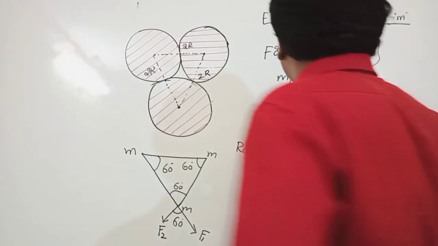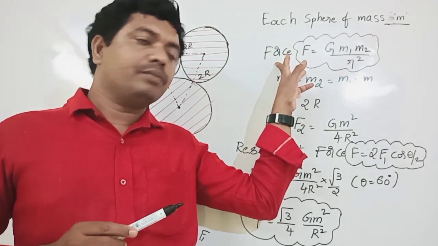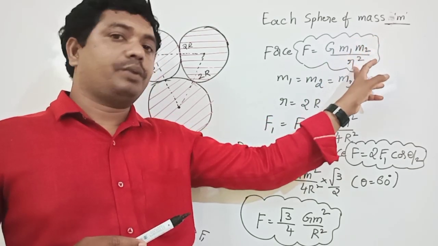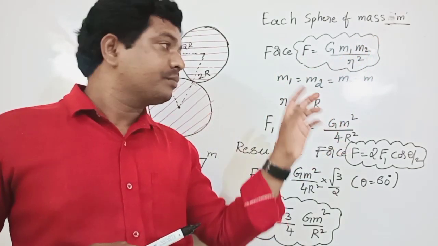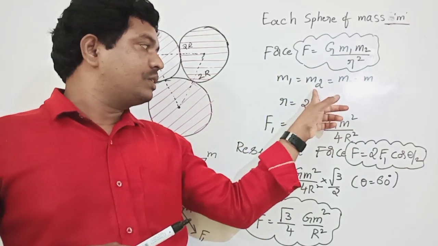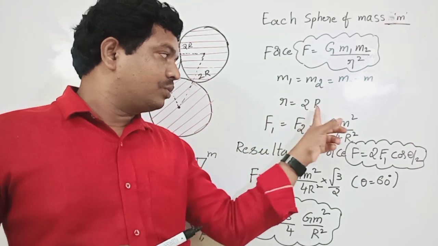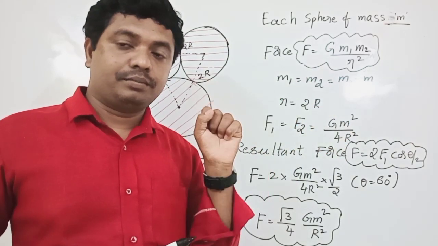Now, according to Newton's inverse square law, force F is equal to G m1 m2 by r square. But all the spheres are identical, so m1 is equal to m2 is equal to m3 is equal to m. Now r is equal to 2R, where capital R is the radius of the sphere.